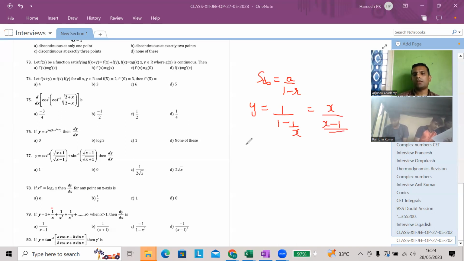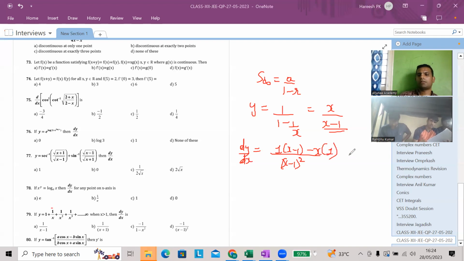So once you get y, use the quotient rule for dy by dx. What is dy by dx? Quotient rule. Tell me what comes. Quotient rule means 1 into x minus 1 minus x into 1.